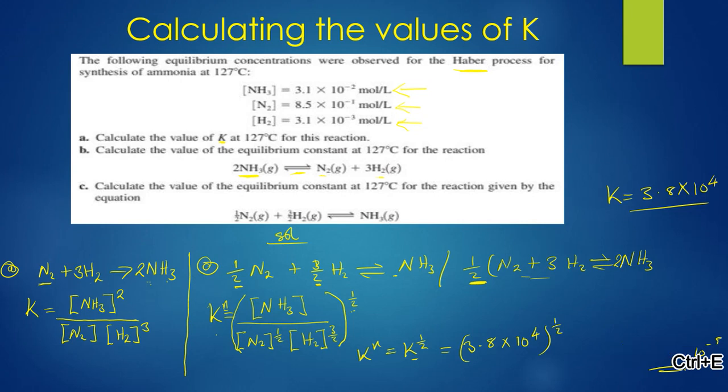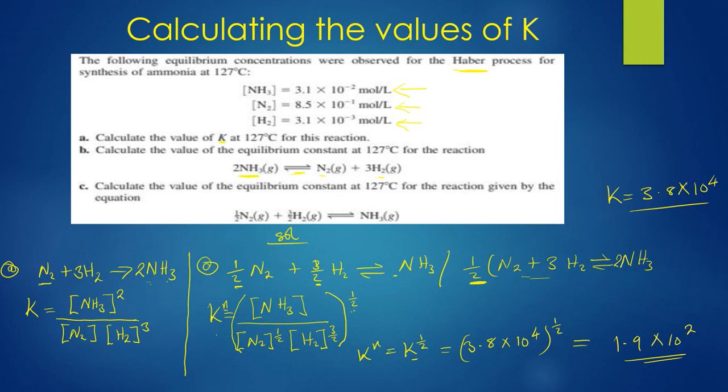When you work that out on your calculator, 3.8 times 10 to the power 4 to the power 1 over 2, or you square root that, you're going to get something like 1.9 times 10 to the power 2. So that will be your answer for K for the last part. Then you're done. So that's how you go about this one.